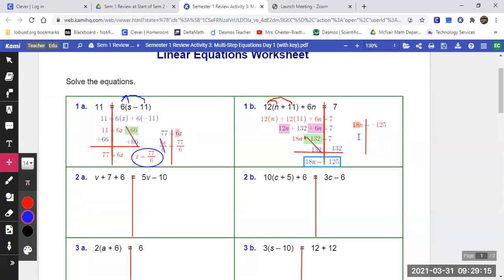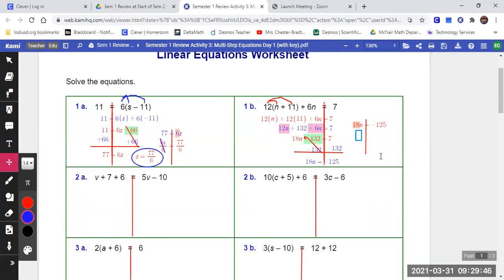How do you undo multiply times 18? We have to get rid of that multiply 18. What are we going to do? What's the opposite of multiplying times 18, guys? Divide both sides by 18.